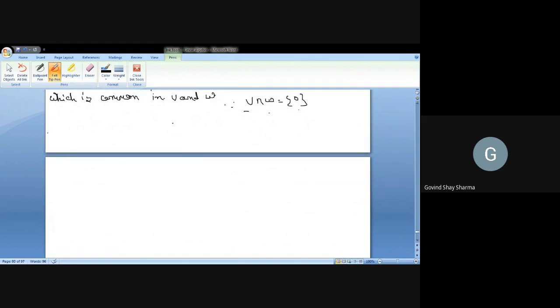Now the sufficient condition. Let V equal U plus W and U intersection W be zero.